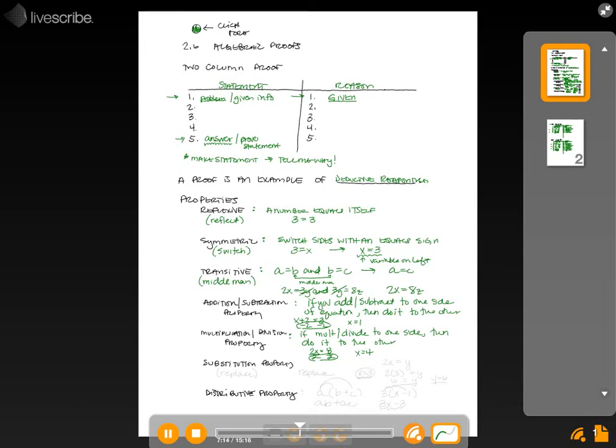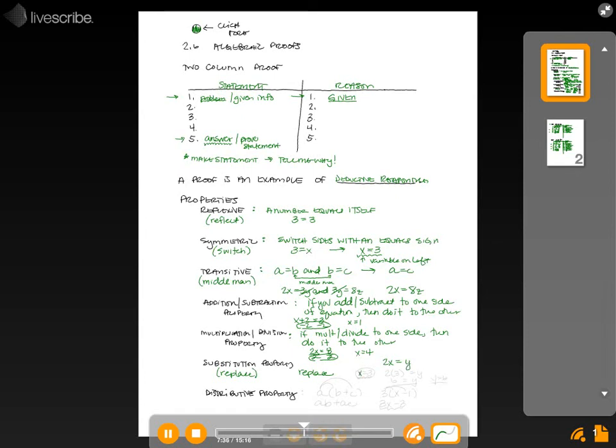Substitution means that we're going to replace something. Okay, we're going to switch something out. So suppose I've got, here, let me write it over here. Here's your example. Let's say that 2x equals y.